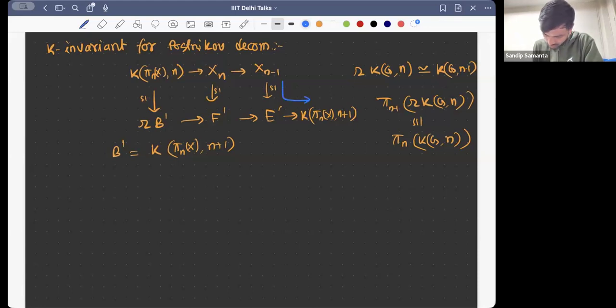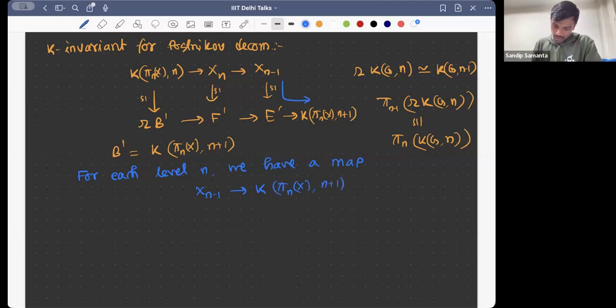For each level n, we have a map from X n minus 1 to K(pi n X, n plus 1).